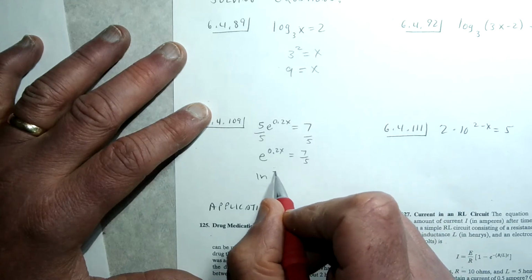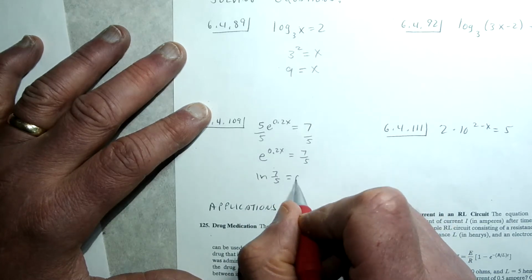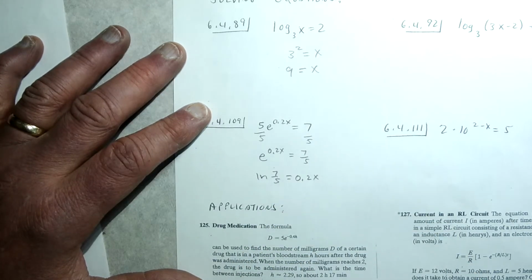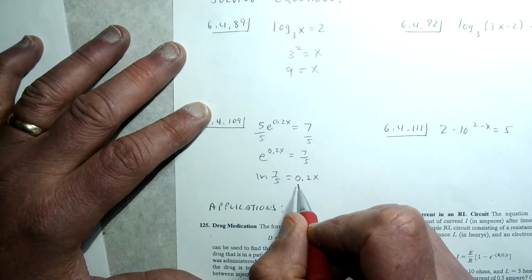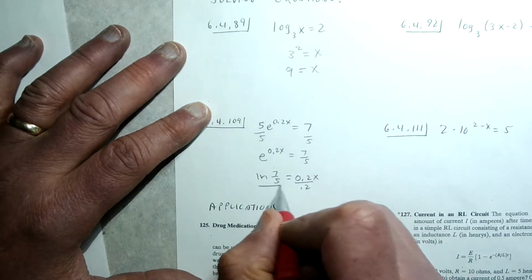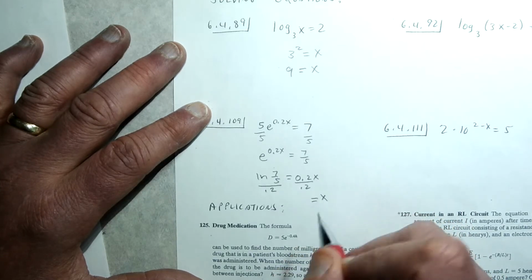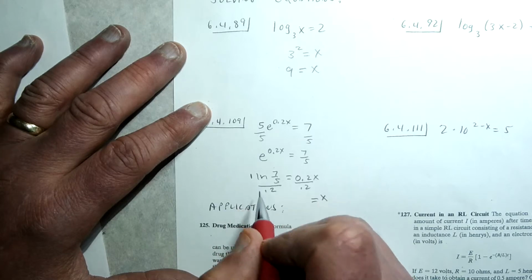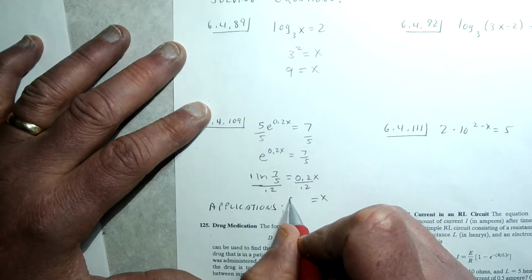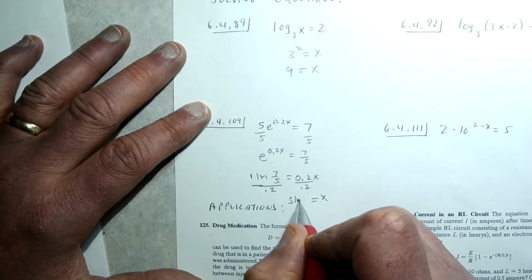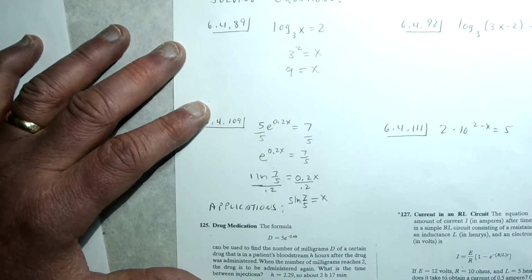The natural log of 7/5 is equal to the exponent of 0.2x. And now, if I was going to solve this, I could divide both sides by 0.2. And I have x is equal to, and by the way, if I put a 1 here, 1 divided by 0.2 is 5. So I could say this is 5 times the natural log of 7/5.